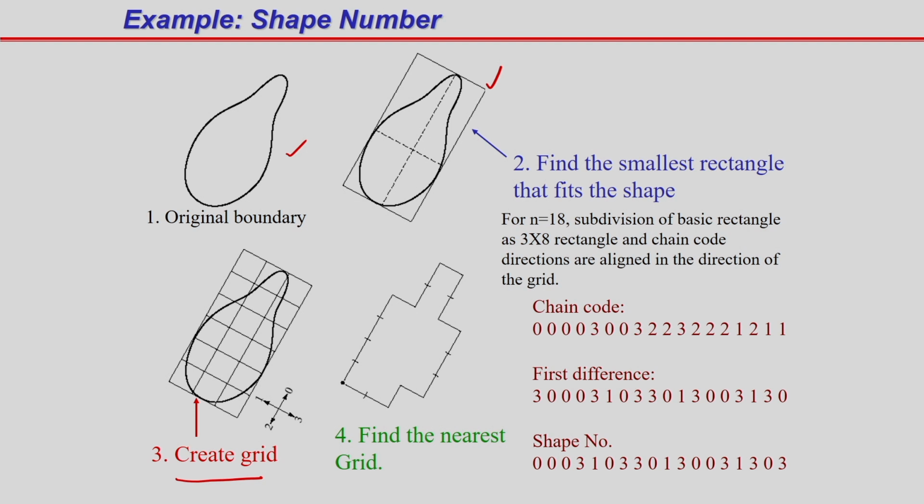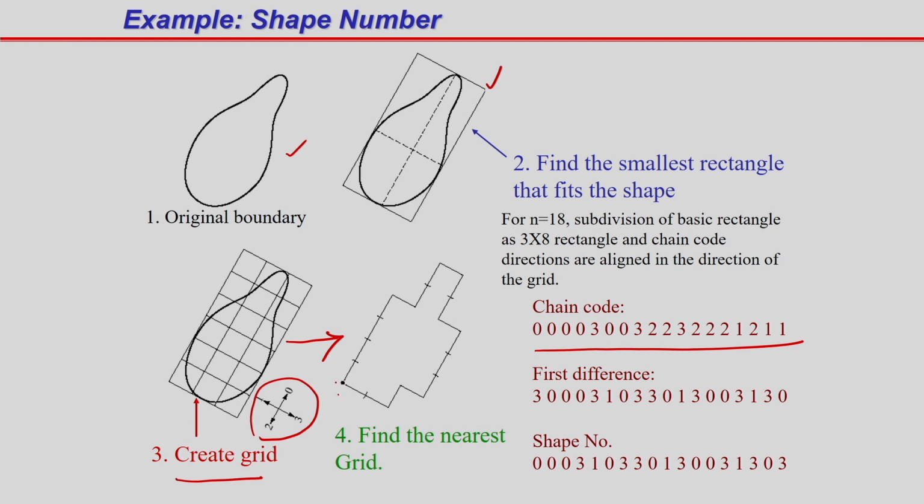Corresponding to this, I can find the chain code, because the chain code directions are aligned in the direction of the grid, and I am considering the 4 directional chain code 0, 1, 2, 3. And corresponding to this case, I am getting the chain code. This is the chain code corresponding to that boundary.